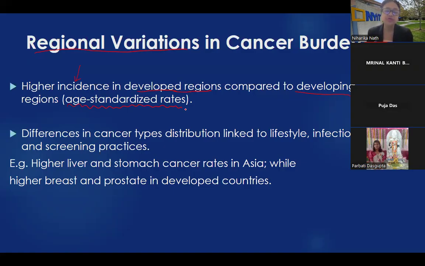But an older person who gets it in their 70s has accumulated many mutations. So you have to standardize all those ages, and then you get this data.